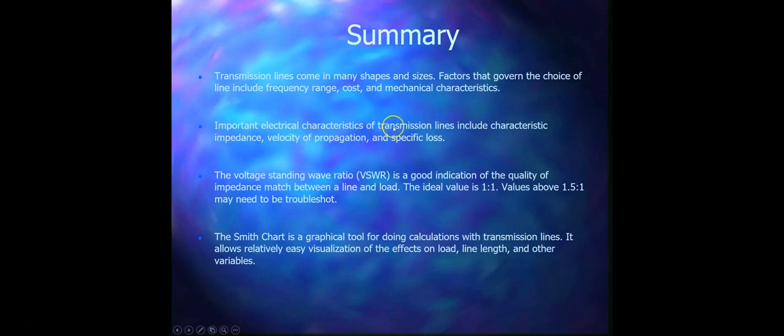Important electrical characteristics of transmission lines include characteristic impedance, velocity of propagation, and specific loss. Voltage standing wave ratio is a good indication of the quality of impedance match between a line and a load. Ideally it should be a 1:1 ratio, and values above 1.5:1 may need to be troubleshot.